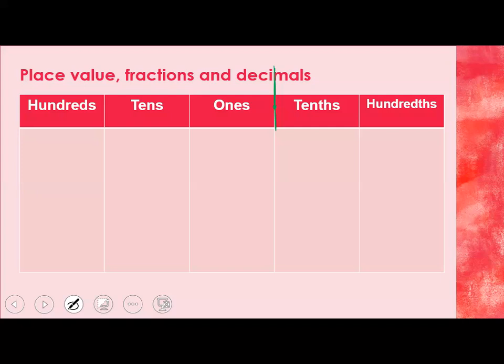I'm starting to deal with fractions of 1. So my decimal point always goes between the ones and the tenths. For example, in the number 472.17. And that is exactly how I say that.